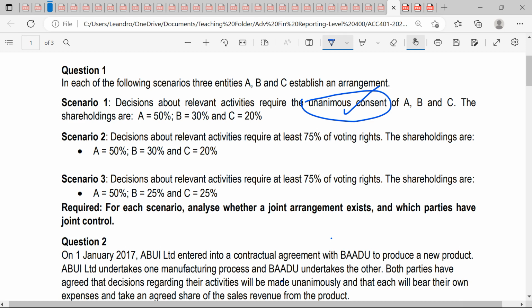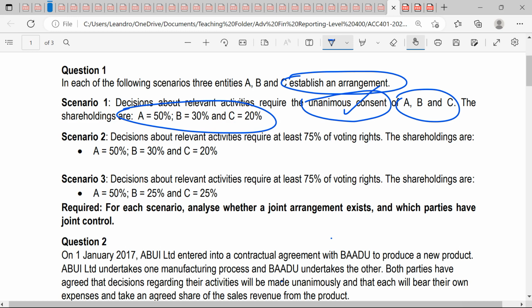First of all, A, B, and C are in a joint arrangement, so they collectively are in charge of another entity. But the control is in the hands of all three of them because they must unanimously agree. And therefore, you can see that it has nothing to do with the percentage in this scenario.